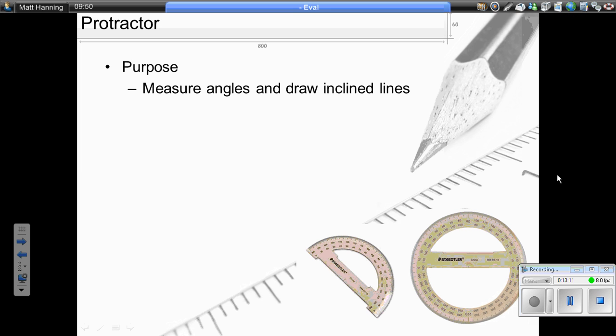If my smart board wants to cooperate today. So all you got to do is mark your center. You're going to mark your horizontal.